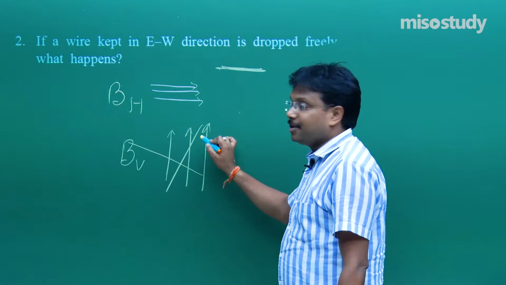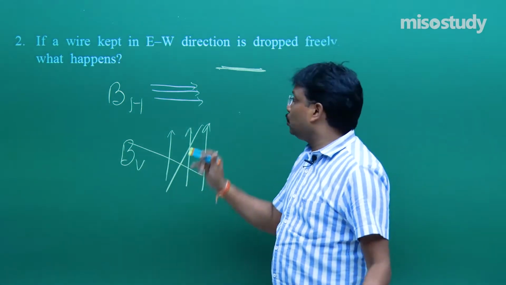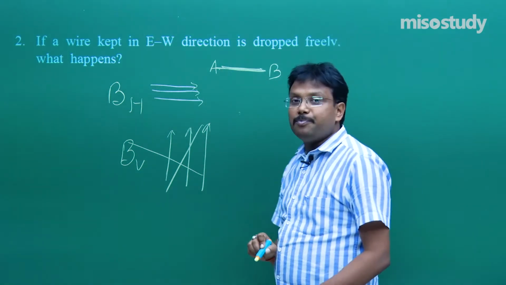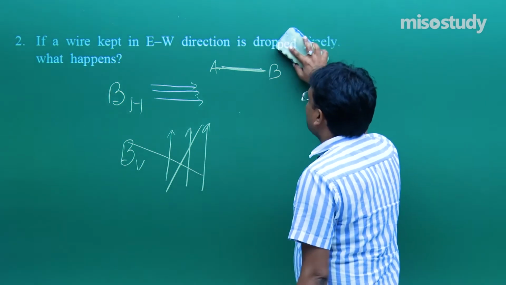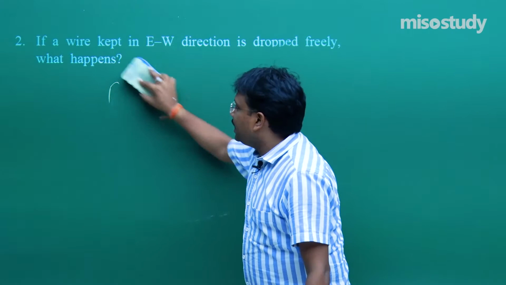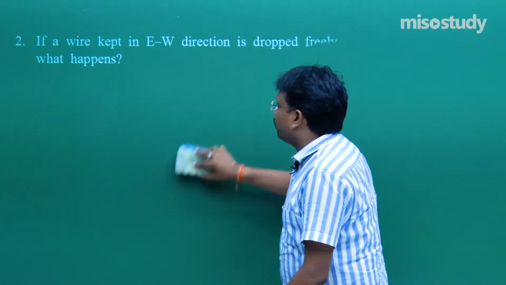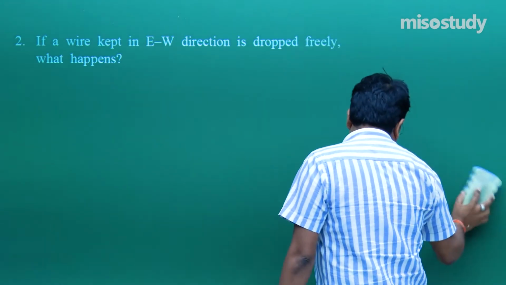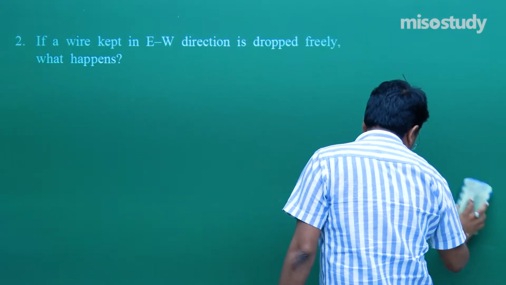Because of this there will be a potential difference at the two ends of the wire, let us say wire end A, wire end B. So your answer should be: when this wire starts falling freely, it will cut BH, the horizontal component of Earth's magnetic field, so an induced EMF will come into the picture.